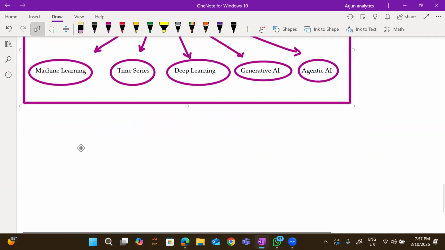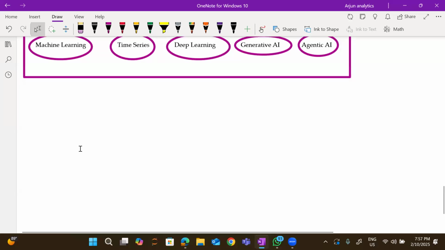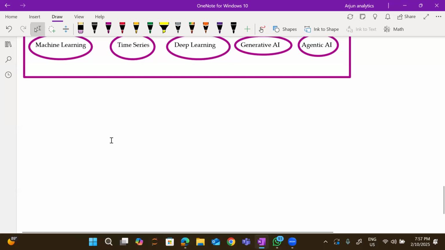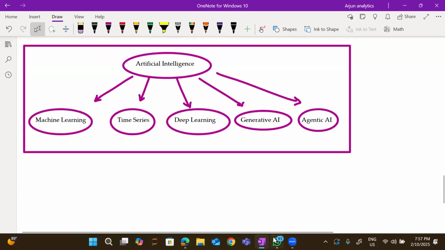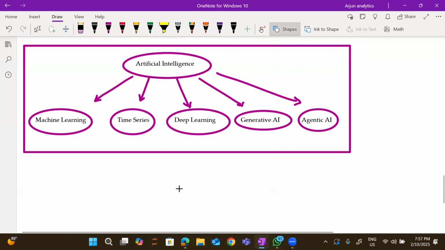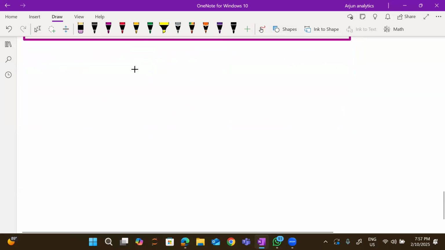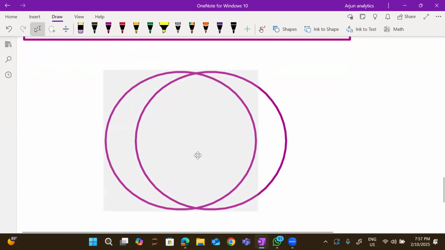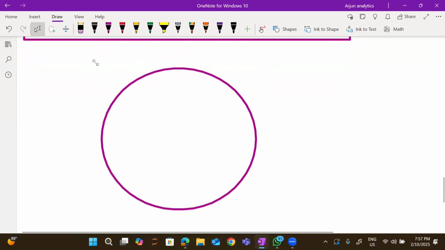Clear? Now, again, you should understand, if you want me to show you the difference between them graphically, I can say this is my AI, artificial intelligence.